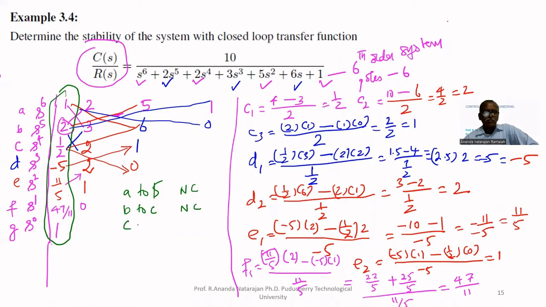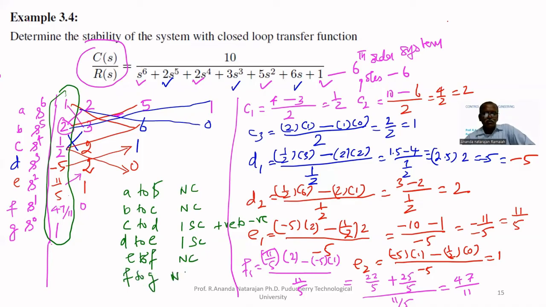From C to D, if you travel from C to D, one sign change, that is positive to negative. From D to E, if we travel from minus 5 to plus 11 by 5, again one sign change. Then E to F, no sign change. E is positive, F also positive. Then F to G, no sign change.